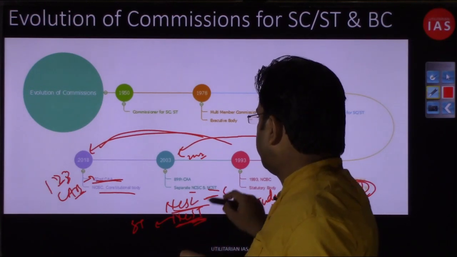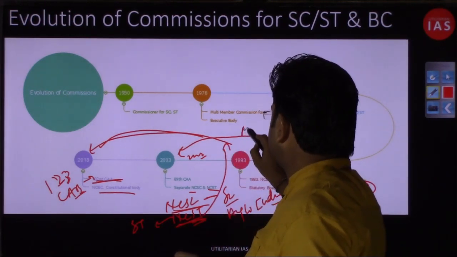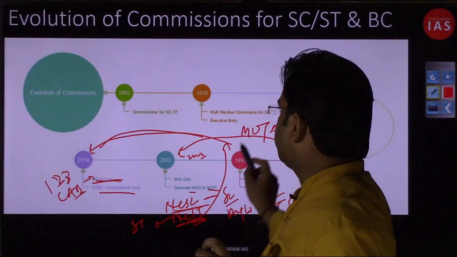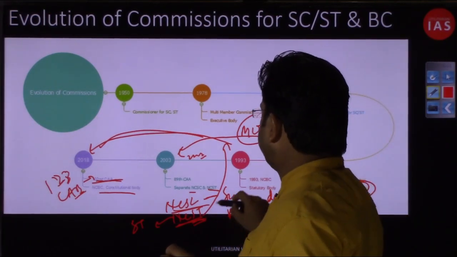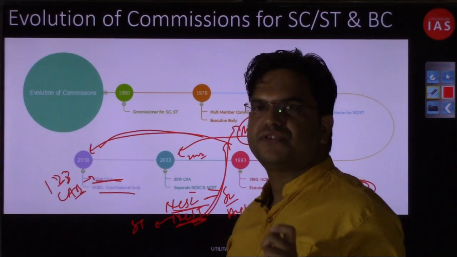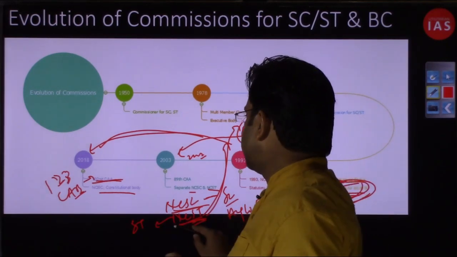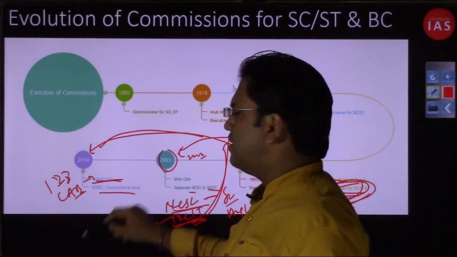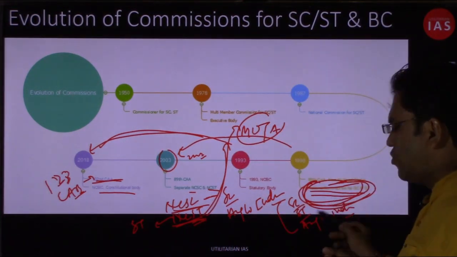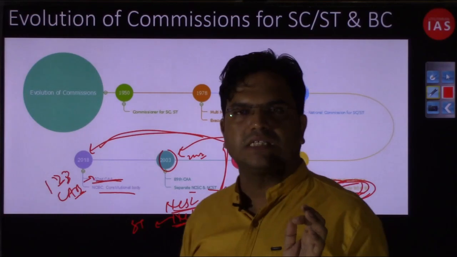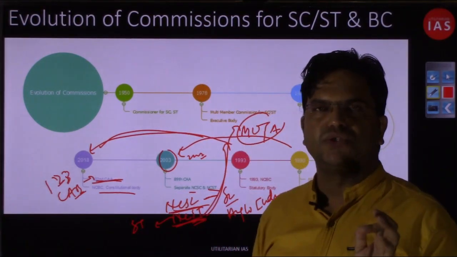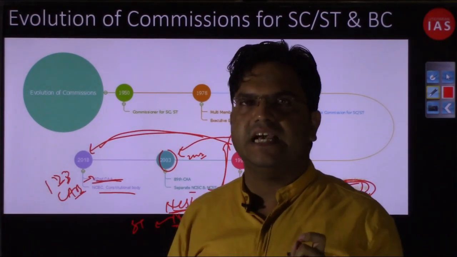Thereafter a dedicated ministry was also created, that is MOTA, the Ministry of Tribal Affairs, and under its administrative control and overall supervision this agency was supposed to work. So this was about 2003, when the combined National Commission on Scheduled Castes and Scheduled Tribes was bifurcated into these two commissions, NCSC and NCST.